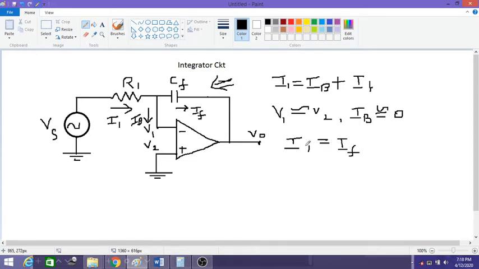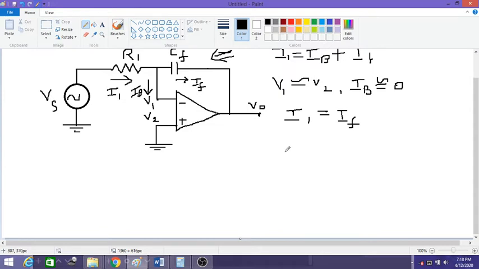Before applying the node voltage analysis, let us write the mathematical equation for the capacitor current. The capacitor current is defined as C, the capacitance value, times the derivative of the charge it is holding, that is, the voltage across the capacitor Vc.